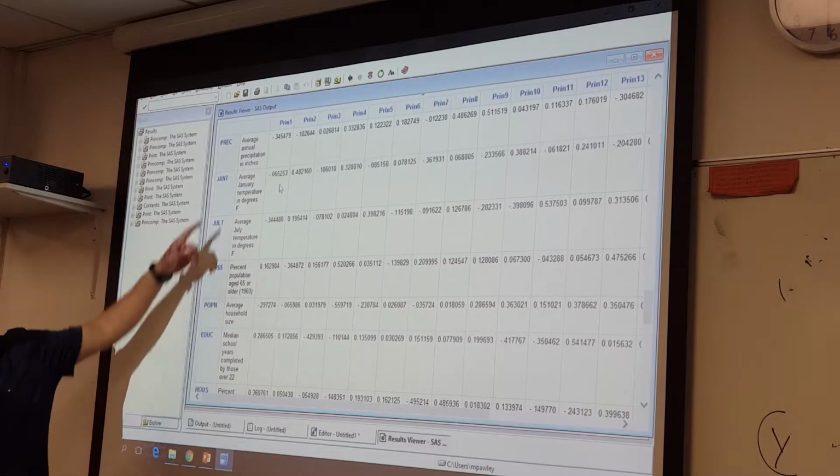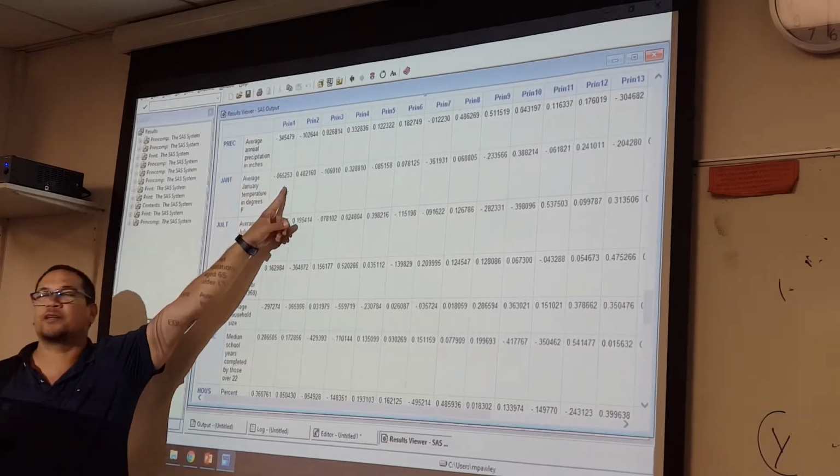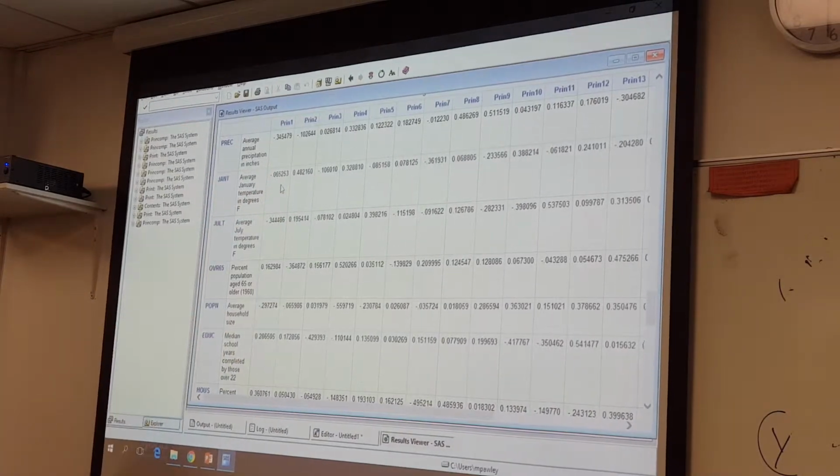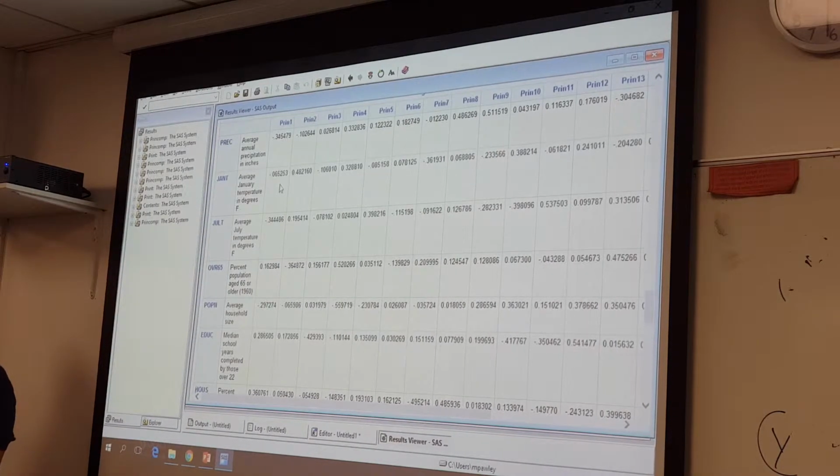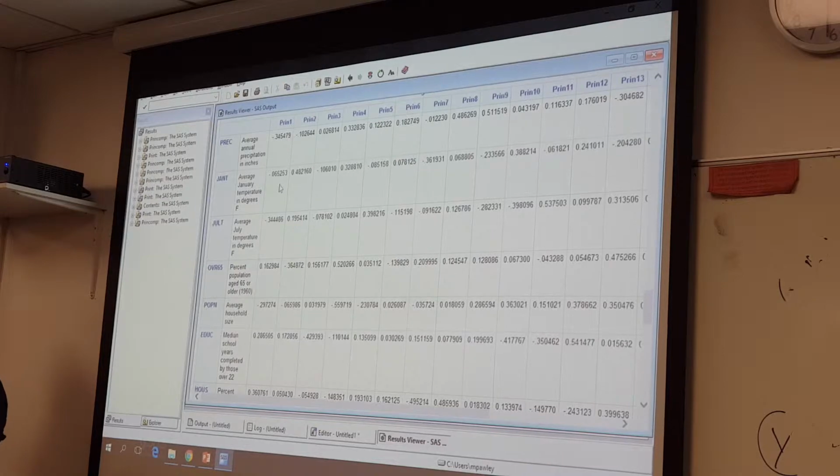This January temperature has a coefficient of negative 0.06, meaning it has very little influence on PC1, right? Whatever value of January temperature, it doesn't really affect PC1. It doesn't have a lot of weighting with PC1. So the first axis doesn't reflect January temperatures much at all.